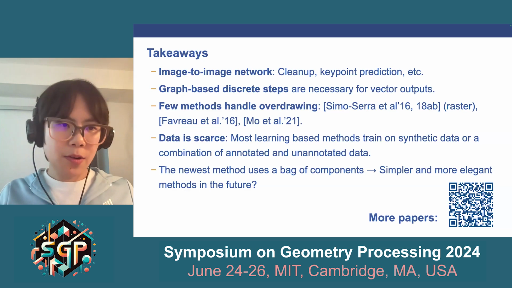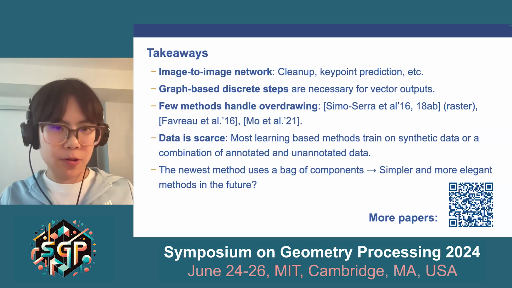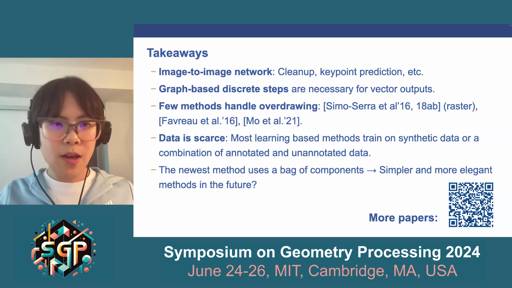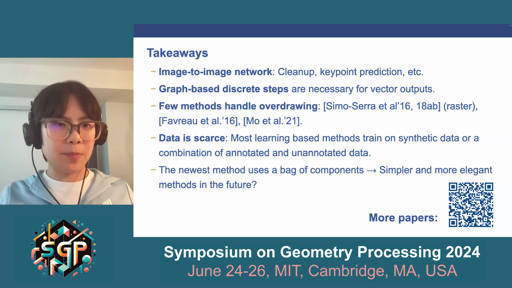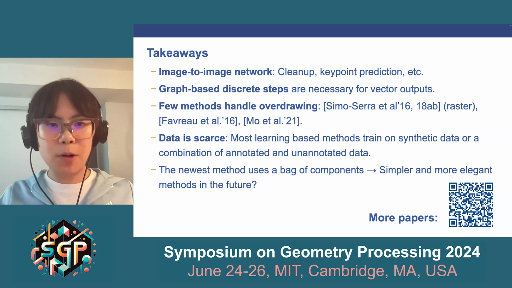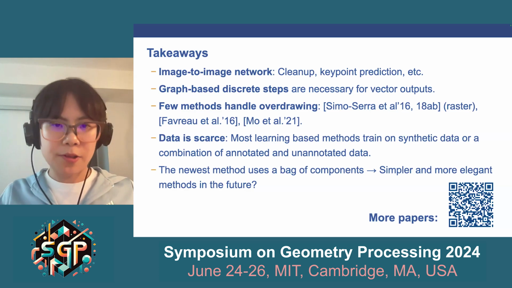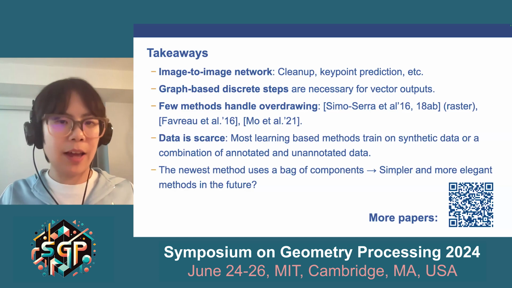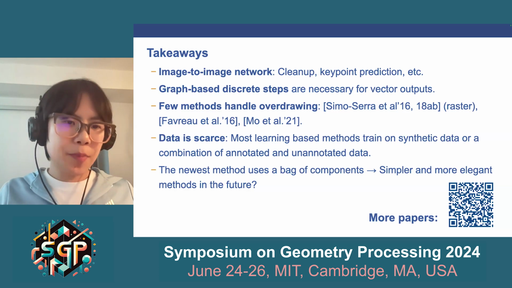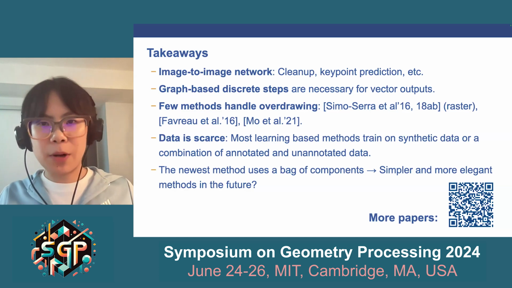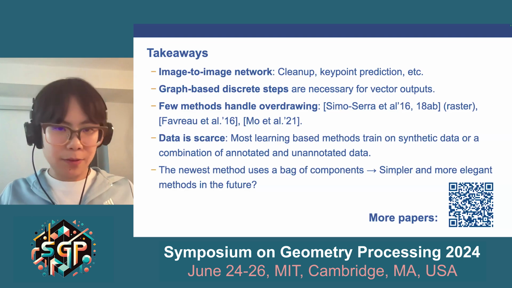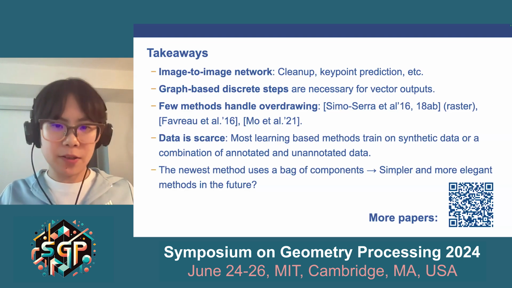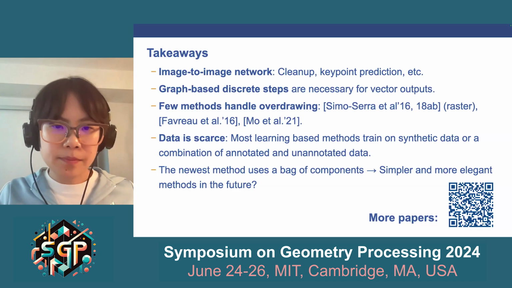Among all these methods, only a few can handle overdrawing, and all the other methods can only work on clean sketches. Because data is pretty rare and also expensive, most learning-based methods are trained on synthetic data or a combination of annotated and unannotated data. The newest method we just saw uses a bag of components. Maybe in the future, hopefully we can see something simpler and more elegant for vectorization.